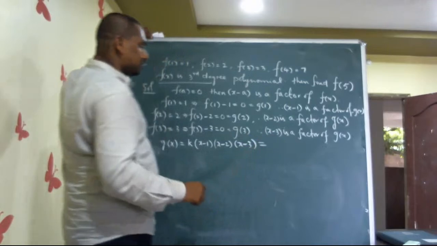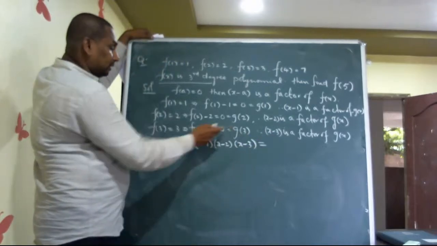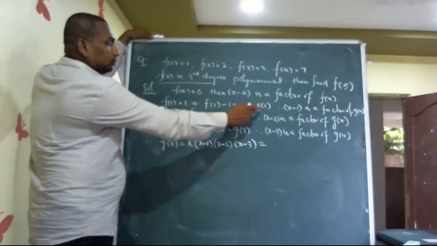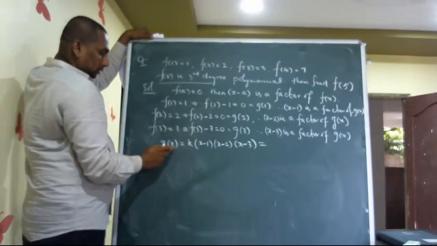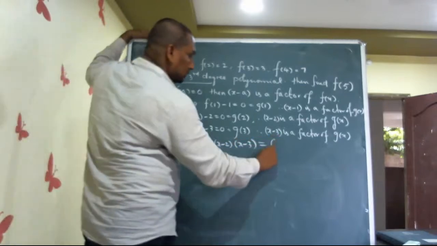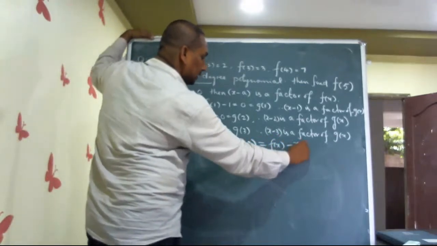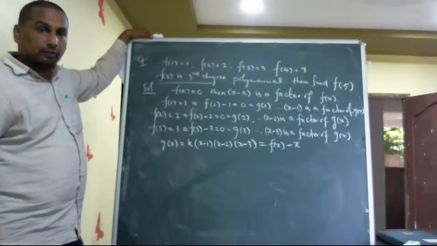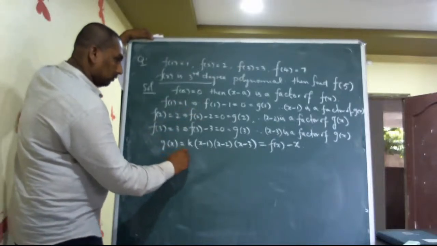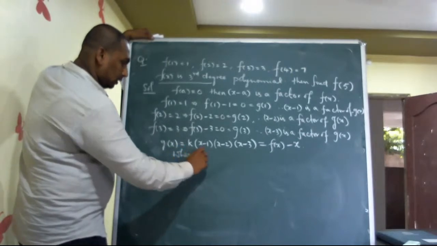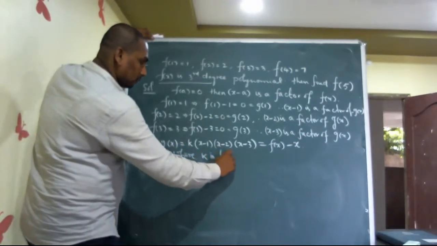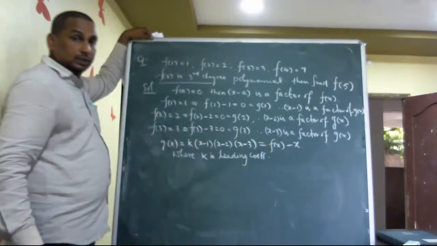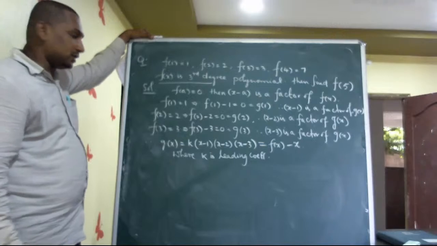That is equal to, see, if you are taking k here, here it is 3, here it is 3. Here 2, 2, 1, 1, 1. We are taking here x, so that f of x minus x. So that minus x in LHS plus x, where k is the leading coefficient.